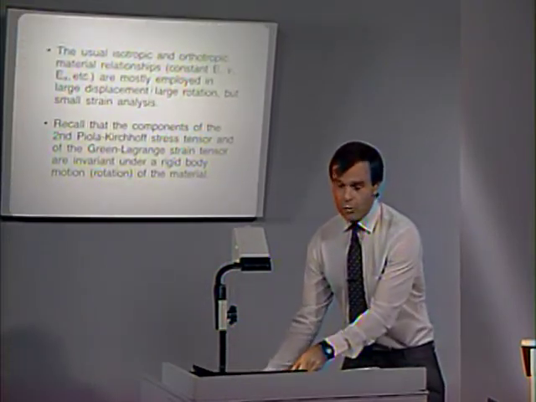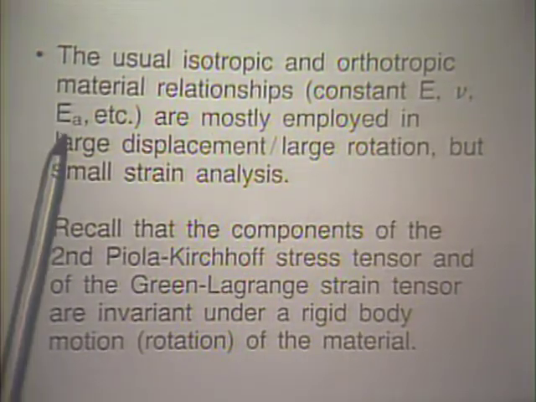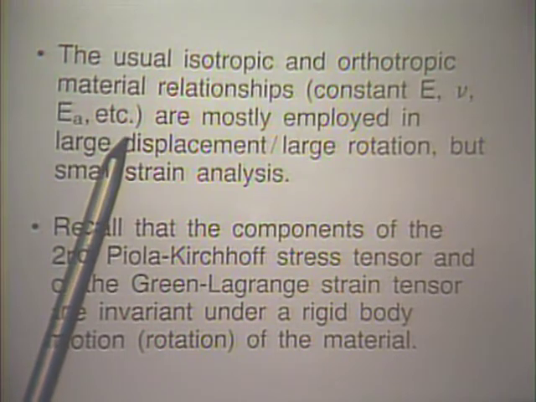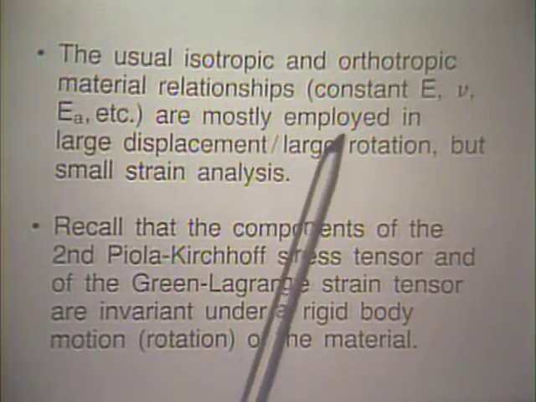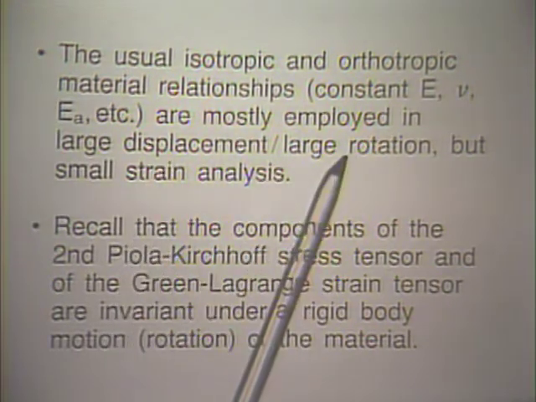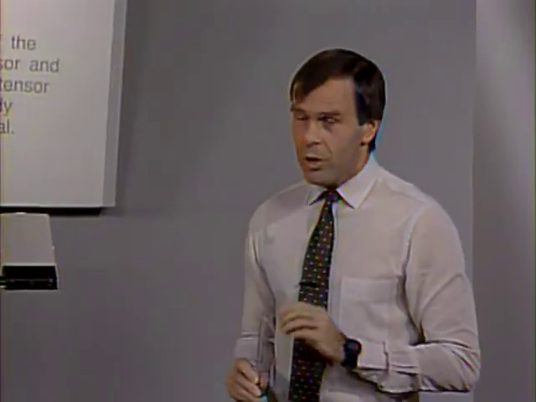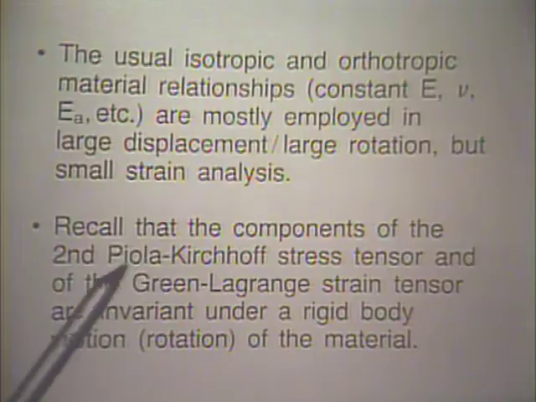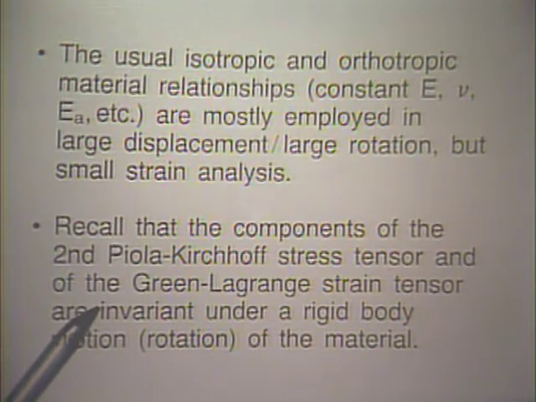The usual isotropic and orthotropic material relationships, meaning constant E, nu, Ea, etc., the way I just showed it on a few previous viewgraphs, are almost exclusively employed in large displacement, large rotation, but small strain analysis. We should now recall one very important point, namely that the components of the second Piola-Kirchhoff stress tensor and of the Green-Lagrange strain tensor are invariant under rigid body motion of the material.